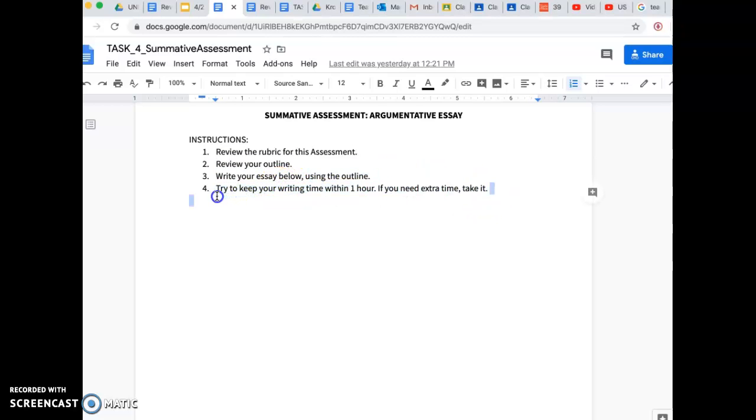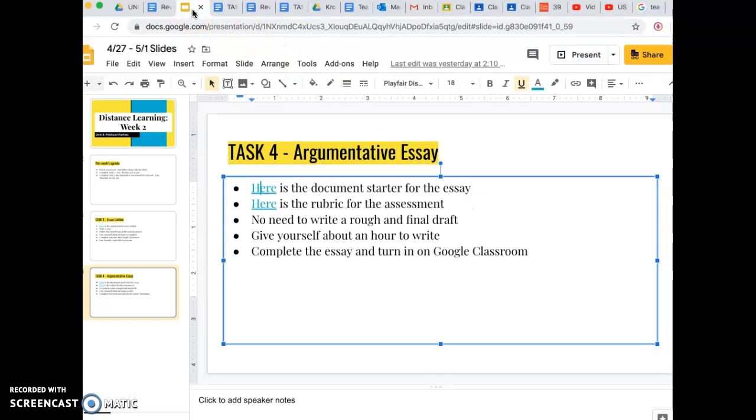Try to keep your writing time within 1 hour. I know a lot of you prefer to have extra time, and if you want to take it, that's totally fine. But I'm going to be grading these as if you had written them within an hour, so just keep that in mind. That said, there's no need to write a rough draft and a final draft. Just write this one timed piece of work.